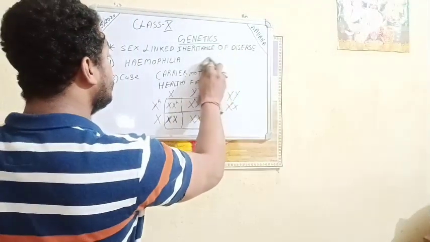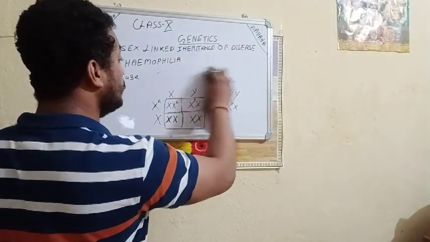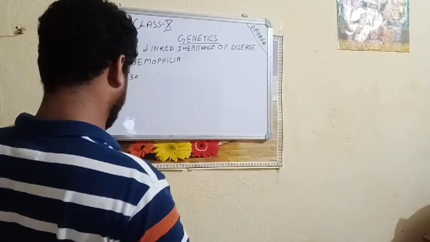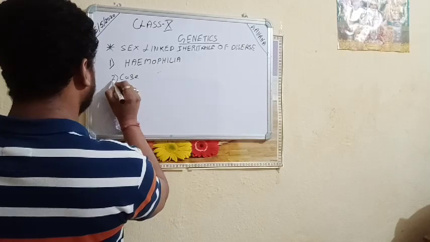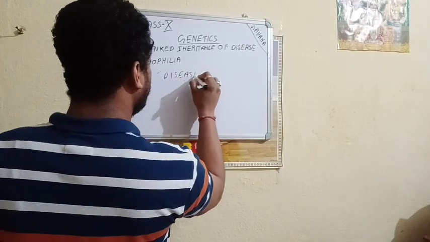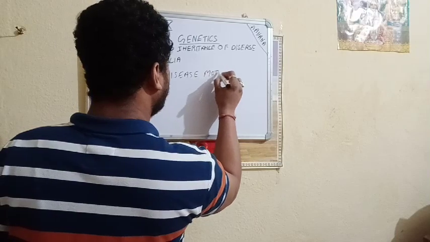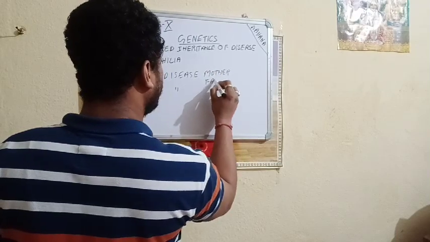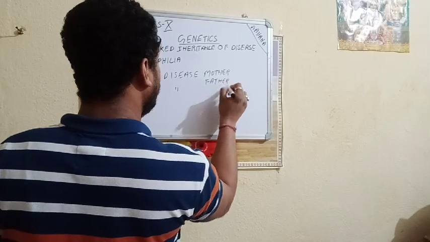Now let us see when both the parents are having hemophilia. Means diseased mother and diseased father. Let us do it. This is the third case. Diseased mother and diseased father. Both are having hemophilia.